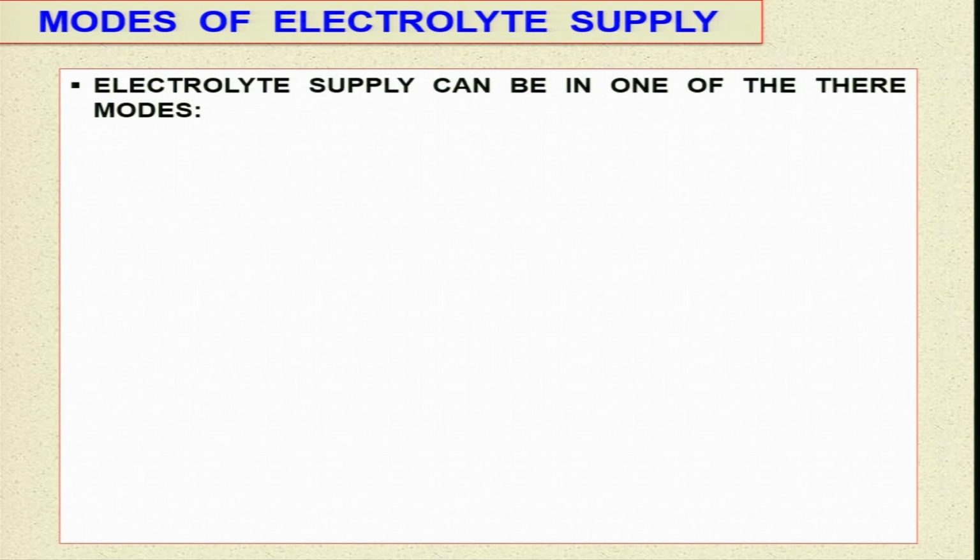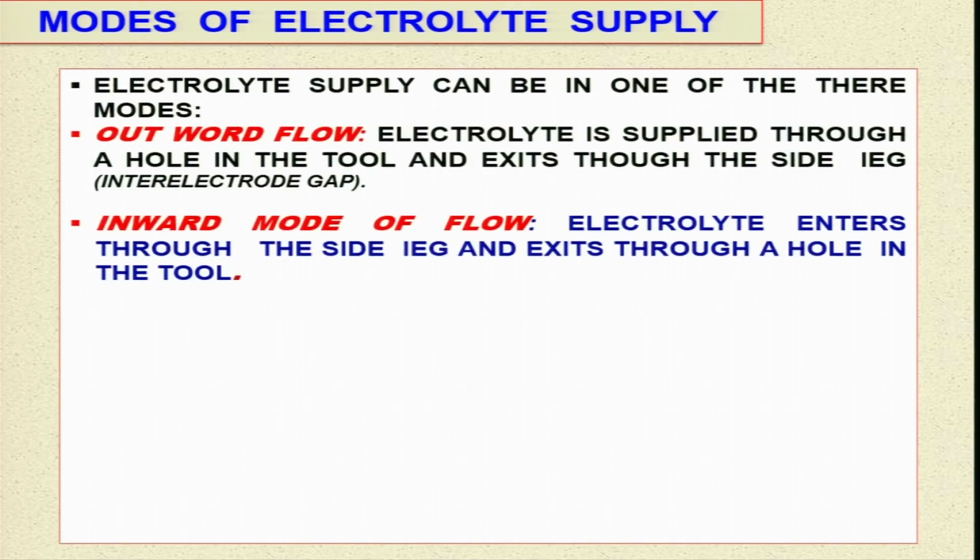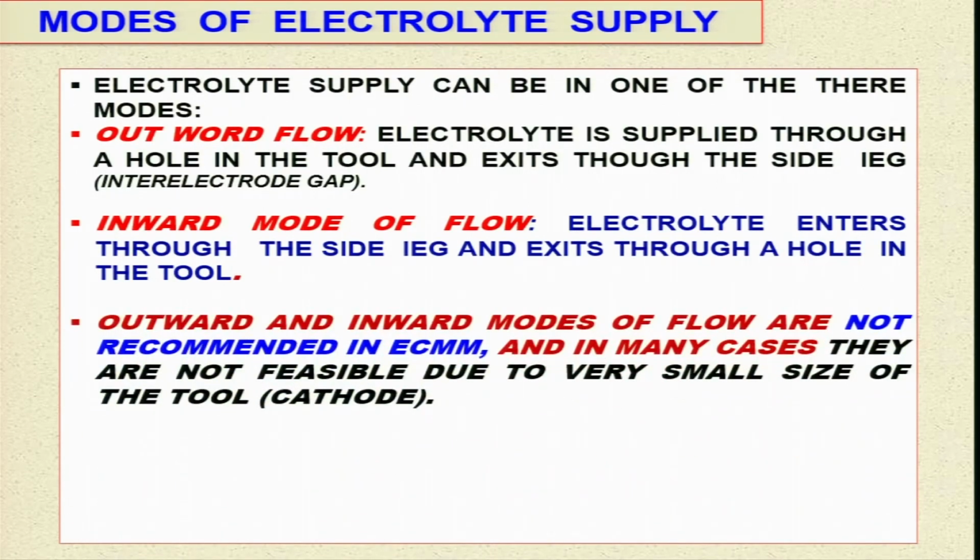Modes of electrolyte supply. Electrolyte supply can be in one of the three modes: outward flow, inward flow, and side flow. Outward and inward modes of flow are not recommended in ECMM, and in many cases they are not feasible due to the very small size of the tool.